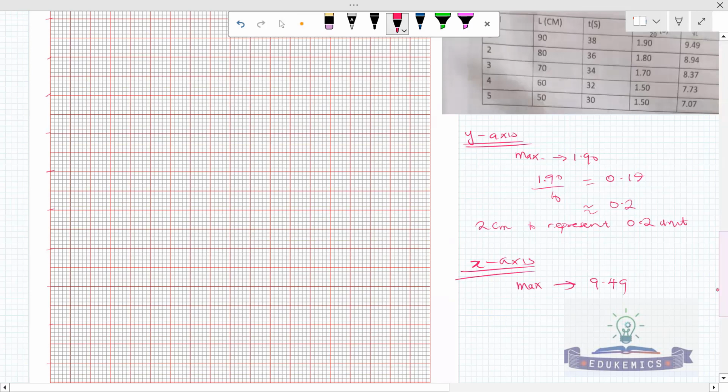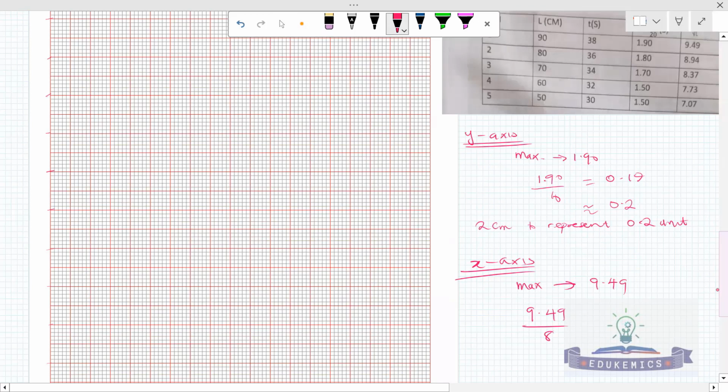Since we have 10 of those 2 centimeter boxes on the x-axis, let's say we want to use 8 of them. So 1 will be 9.49 divided by 8.